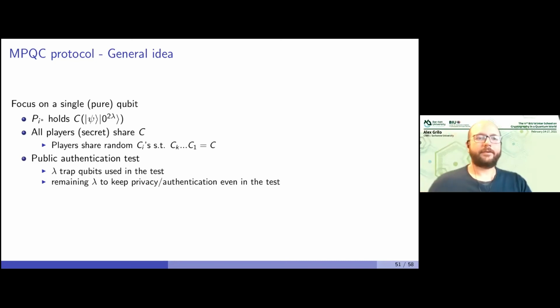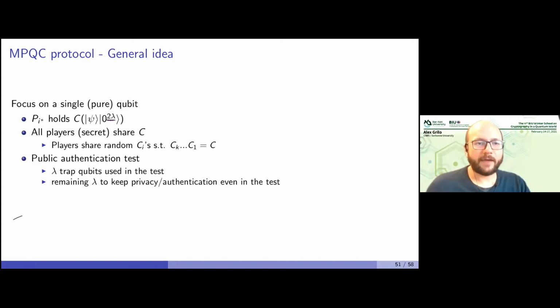Our second key point to perform protocols for multi-party quantum computation is this public authentication test, where you notice that instead of having lambda trap qubits, we use 2 lambda.